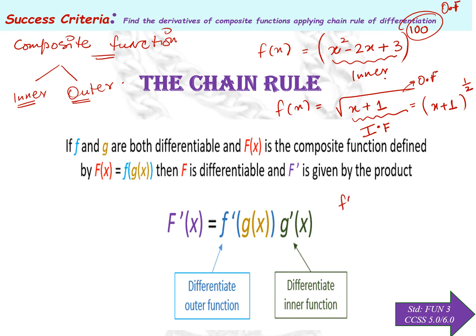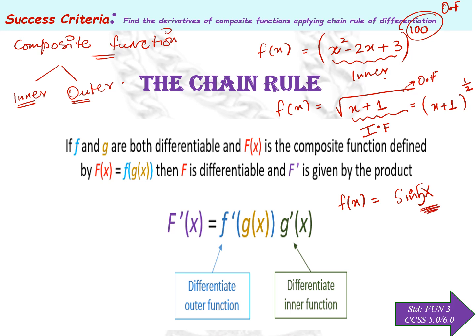Okay, let's write one more function. We can write it as f of x equals, we know a trigonometric function sine x, right? So it is a normal basic trigonometric function. But if I write sine of 5x, here I will again have an inner and an outer function.